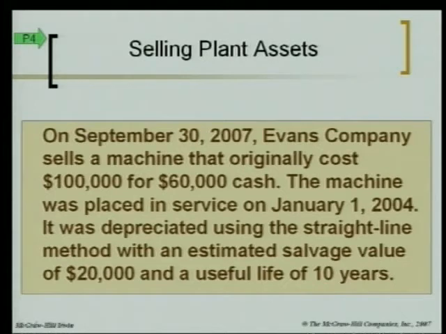Now, you might want to keep your PowerPoints in front of you as we work on this, but I'm going to do it by hand as opposed to going through the PowerPoints, okay? All right. So, in going to the Elmo, we purchased this thing on January 1 of 2004, right? Let's go back to January 1 of 2004. What was the cost of this thing?